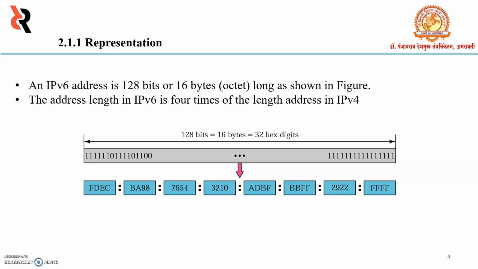IPv6 is a 128-bit address having an address space of 2 raised to power 128, which is way bigger than IPv4. In IPv6, we use colon hexa representation.